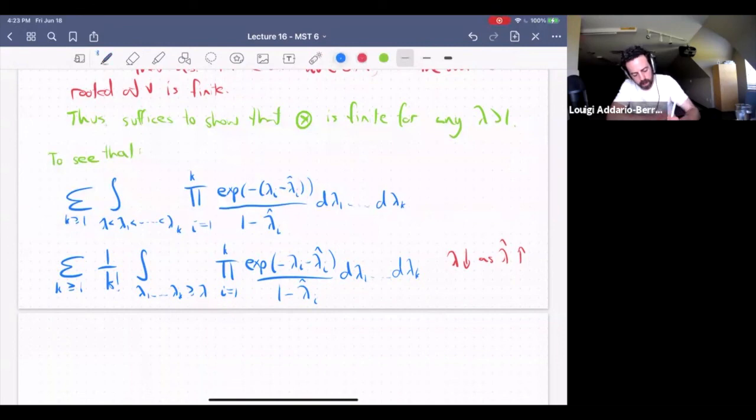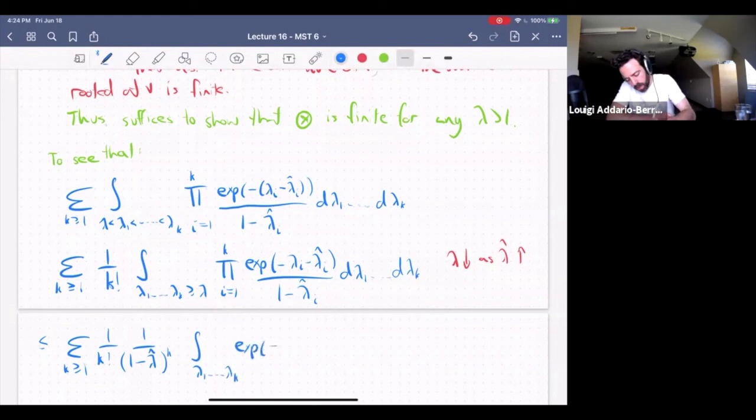So this is at most the sum over k at least 1 of 1 over k factorial, and then 1 over 1 minus lambda hat to the k, and then the integral from lambda 1 up to lambda k, still all at least lambda, of e to the minus lambda I minus lambda I hat, d lambda 1 up to d lambda k.